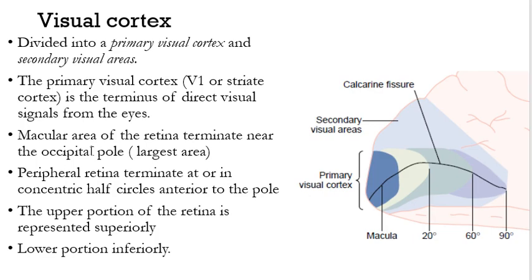You have portions known as the macular areas of the retina near the occipital pole, and then the peripheral retina terminating in the concentric half circles. The upper portions of the retina are represented a little more superiorly, and the lower portions inferiorly.